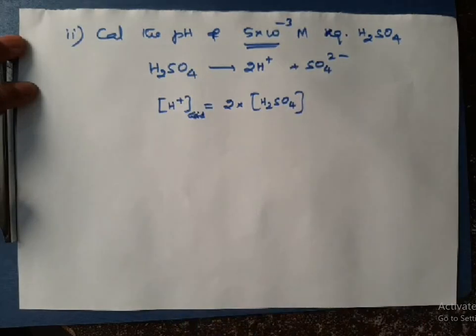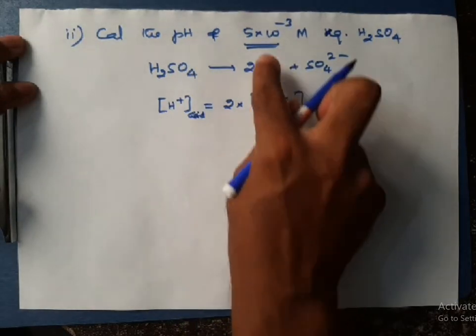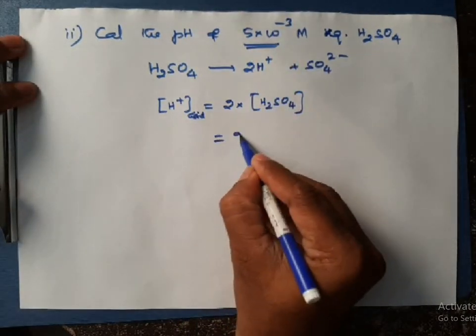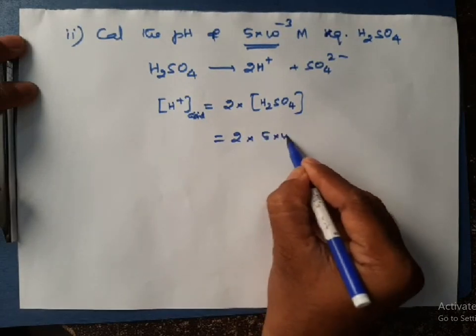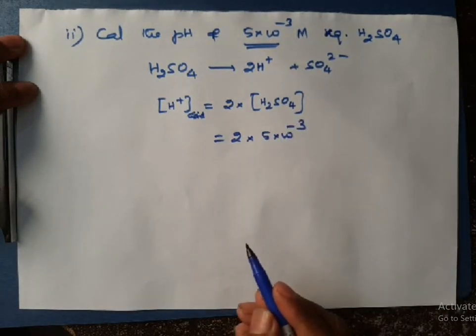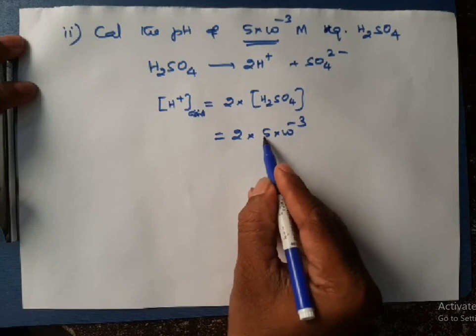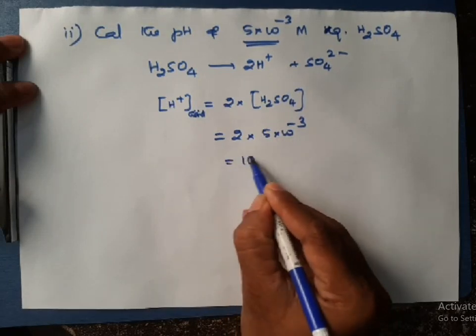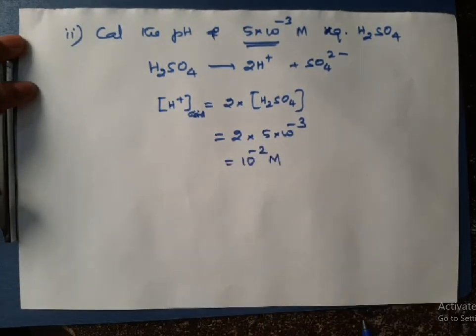The concentration of acid given is 5 into 10 power minus 3. So 2 into 5 into 10 power minus 3, which is nothing but 5 into 2 is 10, 10 into 10 power minus 3 is again 10 power minus 2 molarity.